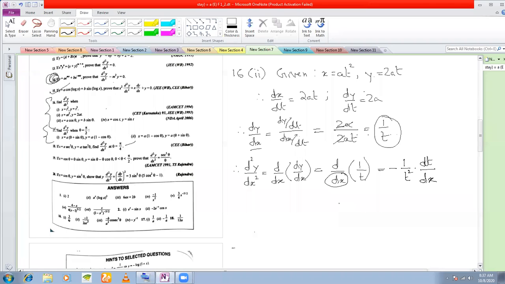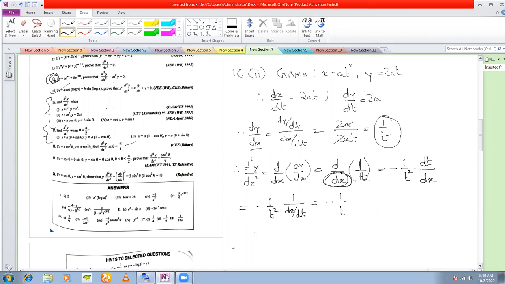Yes, sir. This is very, very much like your chain rule. Remember chain rule I told you? Yes, sir. This is very similar to that. So when you are finding d by dx of 1 by t, you first differentiate it with respect to t and then multiply it by dt dx. So you get minus 1 by t square. And what about dt dx? I can write this as 1 by dx dt, right?